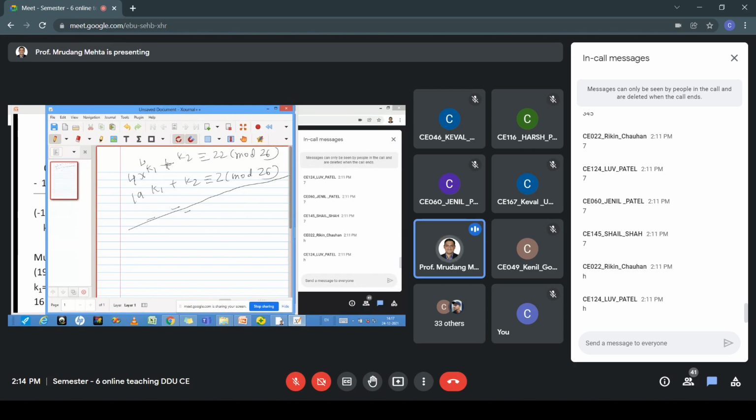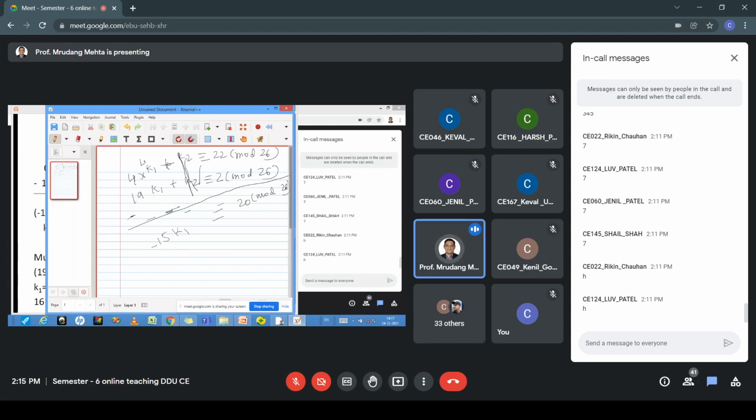So when we take subtraction, what we get? Minus 15 k1, and this gets cancelled out. So minus 15 k1 congruent 20 mod 26, right?